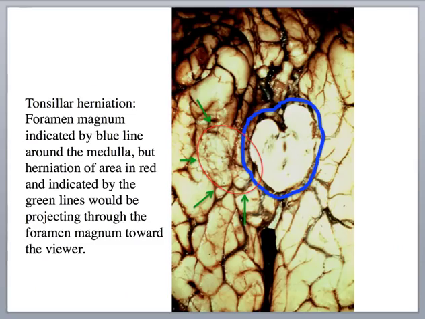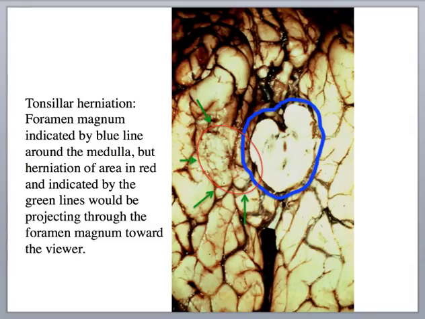This is an image of unilateral tonsillar herniation, indicated by the red circle, and the green arrows indicate the line of herniation through the foramen magnum. So the herniation indicated by red would be projecting through the foramen magnum toward you, the viewer.